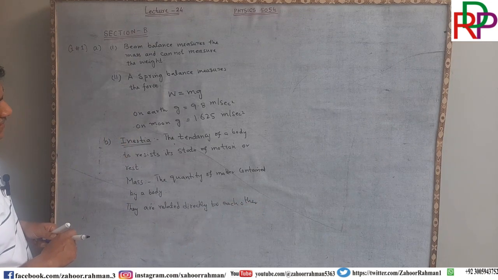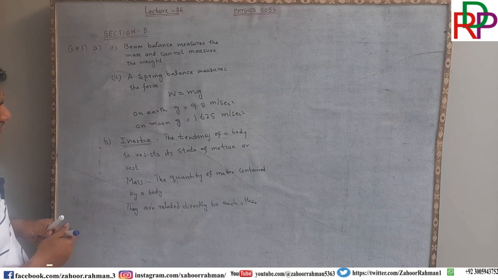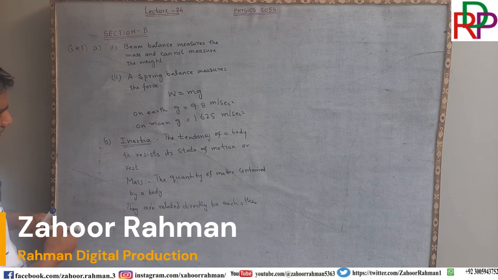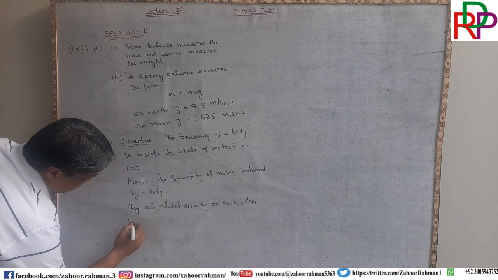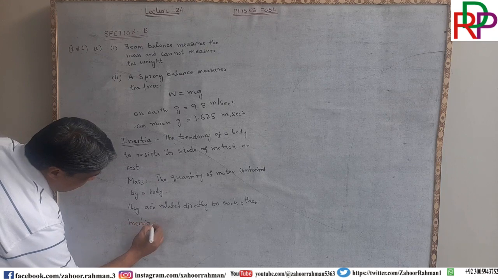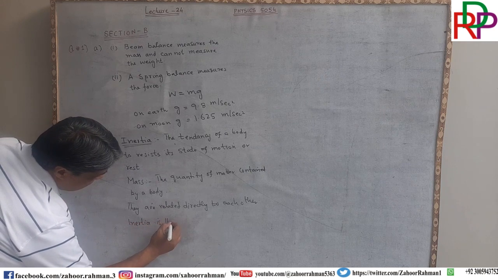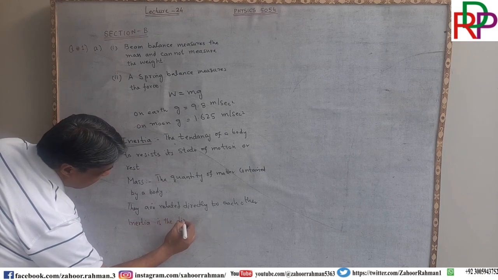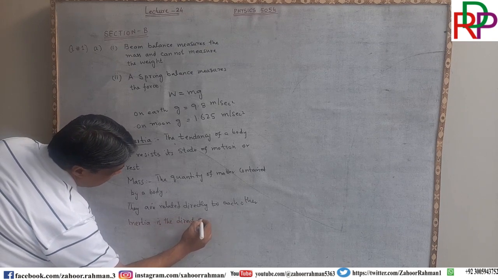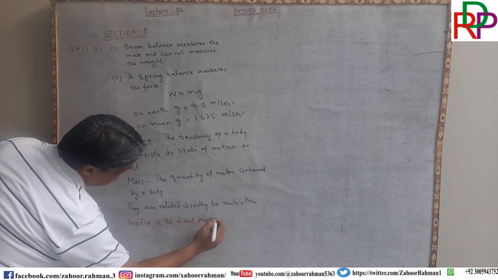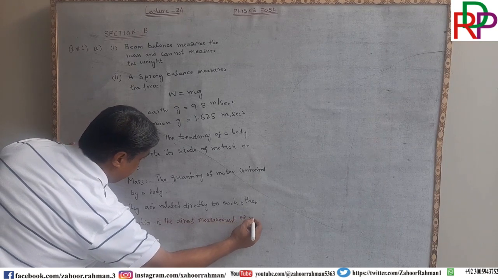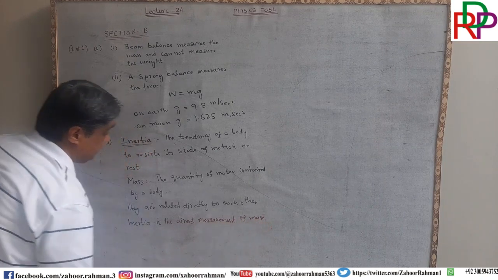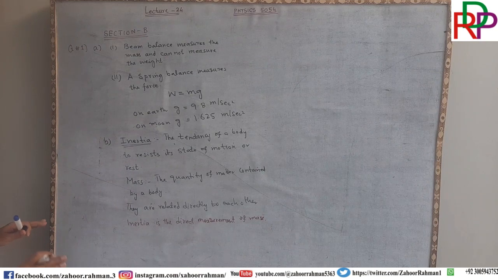Let me write a very important sentence, and I am writing that in red. Inertia is the direct measurement of mass. This sentence shows that it is directly related.